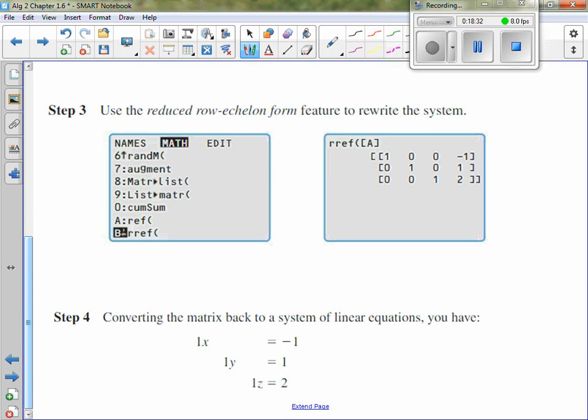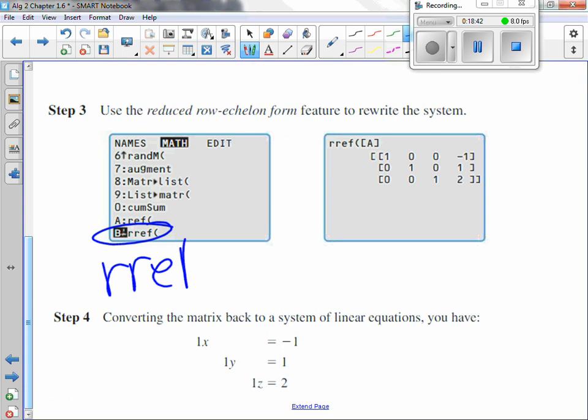You should get a list with a whole bunch of things going down. Scroll down until you see RREF. There should be one that says REF. We want RREF, so we want 2 R's.